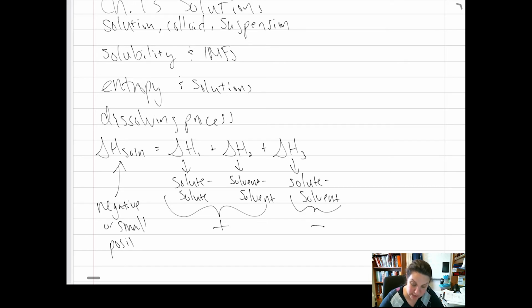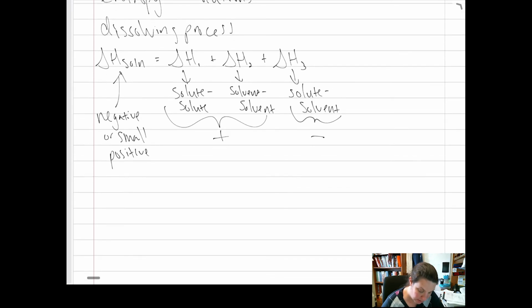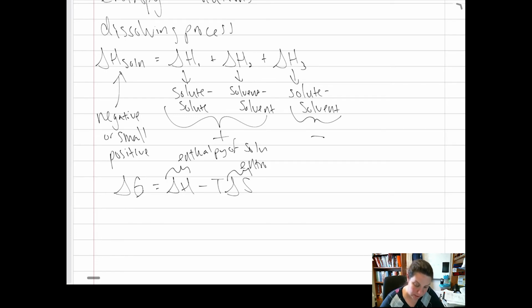because in order to make a solution, your delta G, your Gibbs free energy, which is delta H minus T delta S, enthalpy of solution, entropy of solution. For us to form a solution, your delta G must be negative. That's spontaneous.